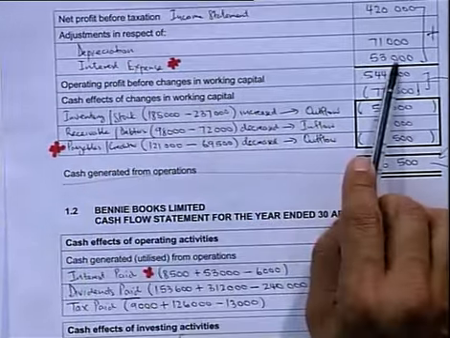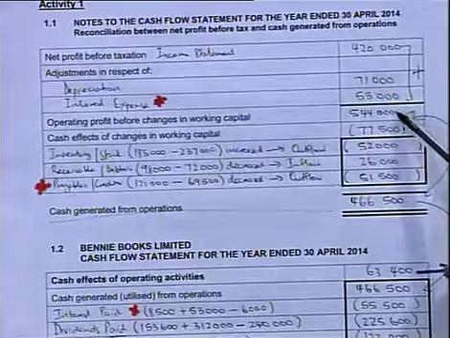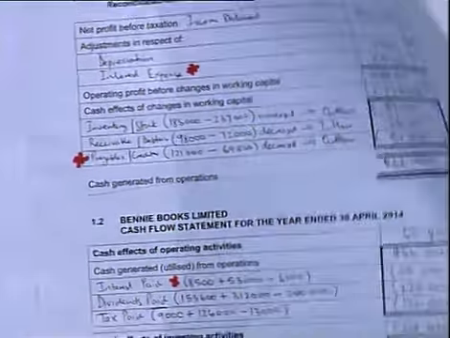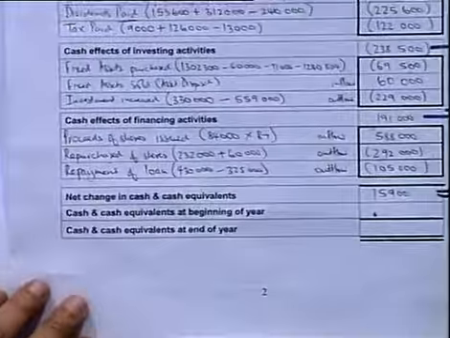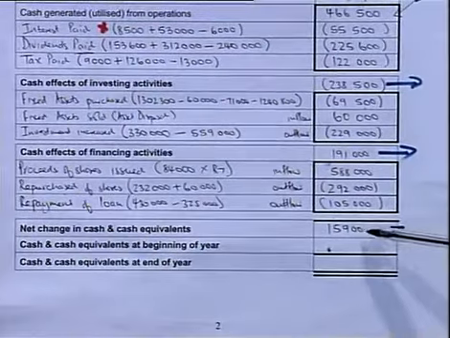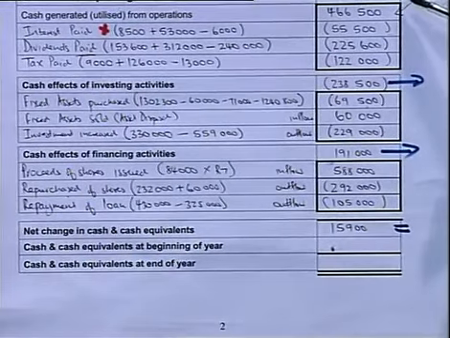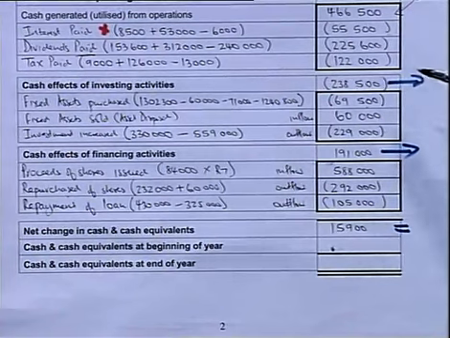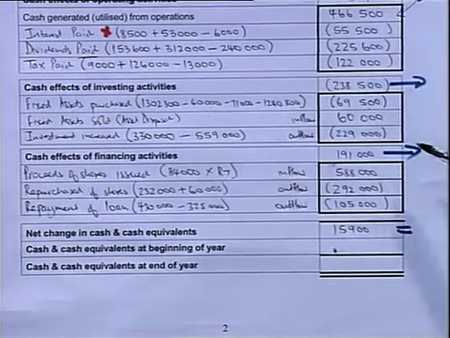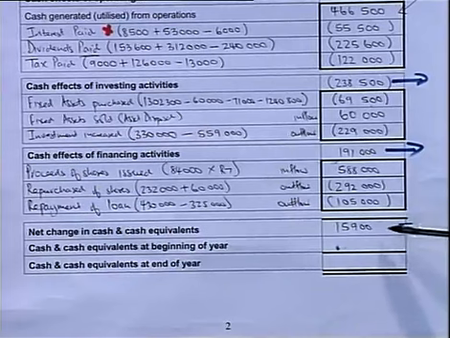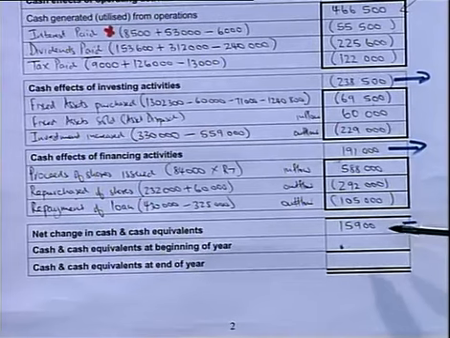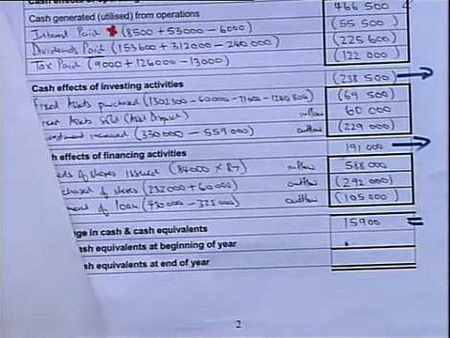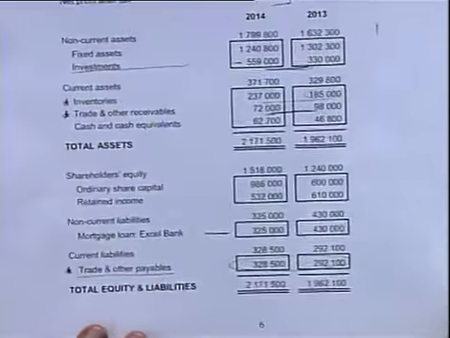And the same with the interest expense, that is the one that you have to add back. Just again, back quickly, the 15,900 is the sum of the operating activities, the investing activities, and the financing activities. And that gives me a positive 15,900.